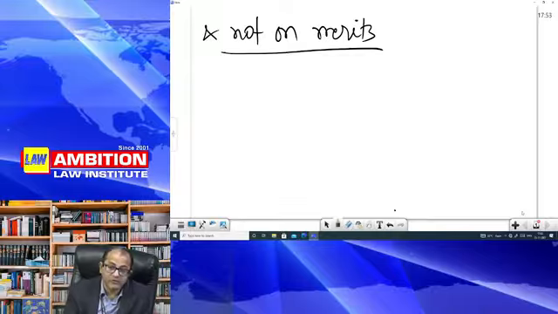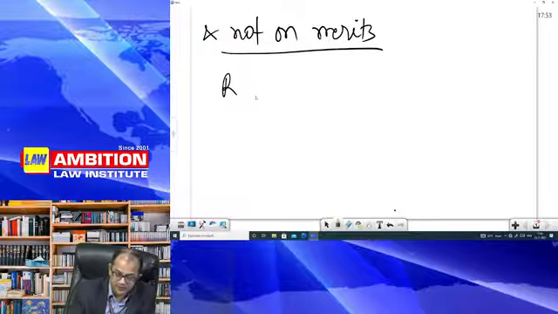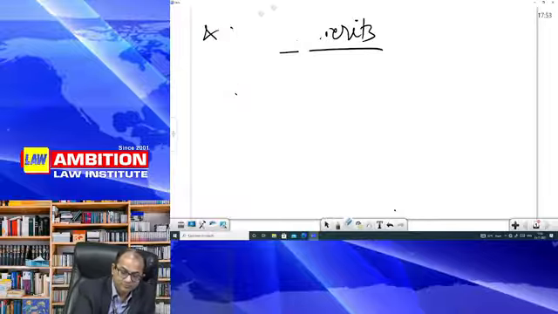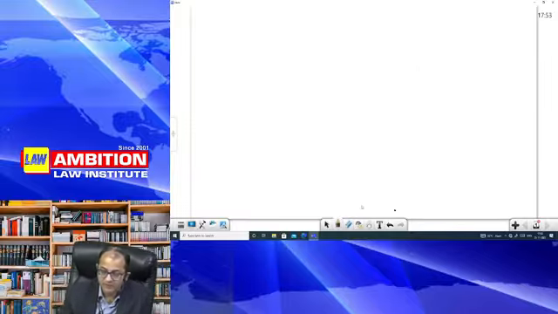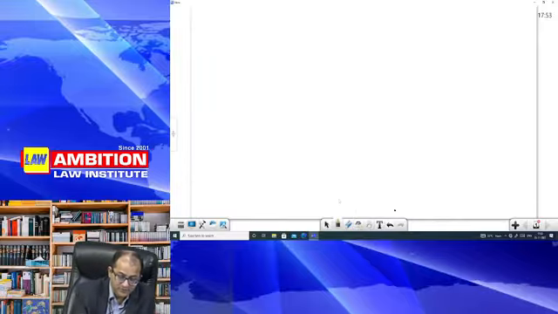So this is also the duty of the plaintiff, in the sense that Rule 5 says that if summons has returned unserved, you make an effort to serve the summons again. What is the problem?